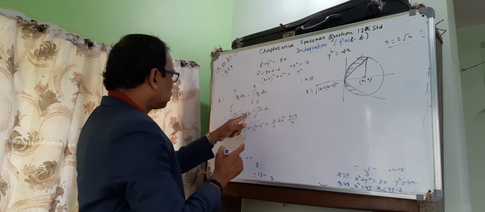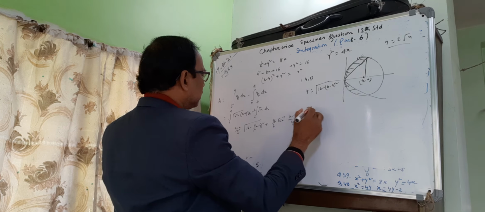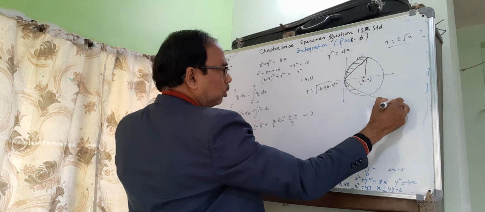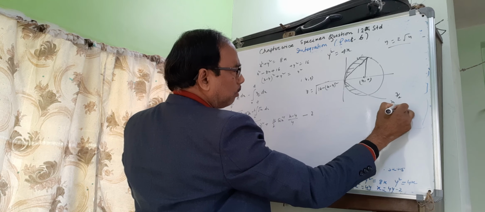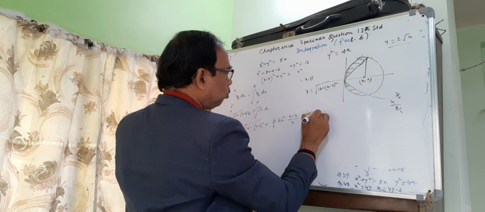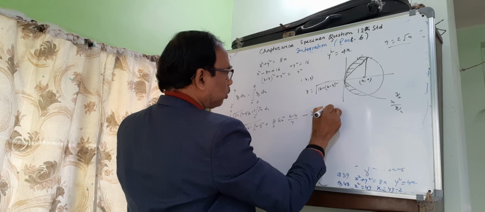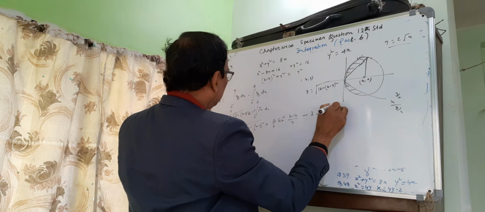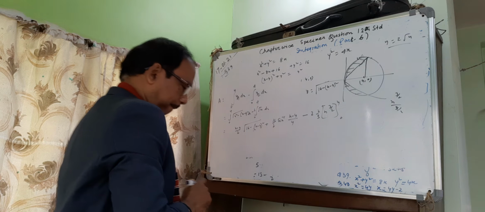That is the a square minus x square formula. Minus 2 x to the power 3 by 2 by 3 by 2. Integration of this, that is 2 into 2 by 3 x to the power 3 by 2, 0 to 4.